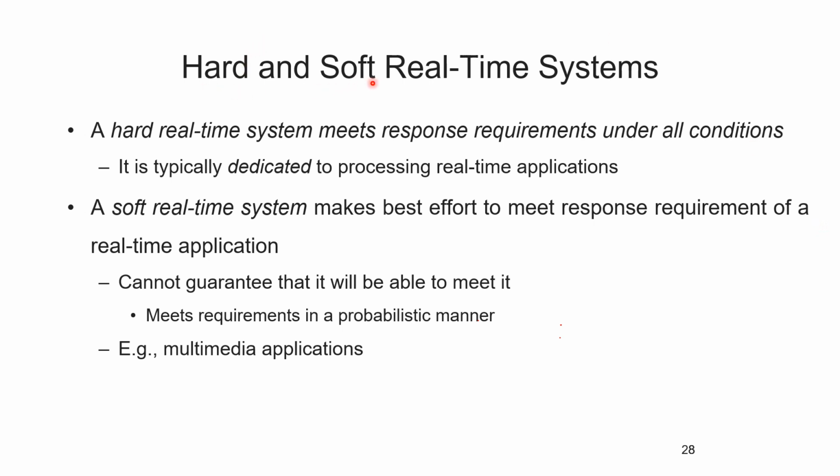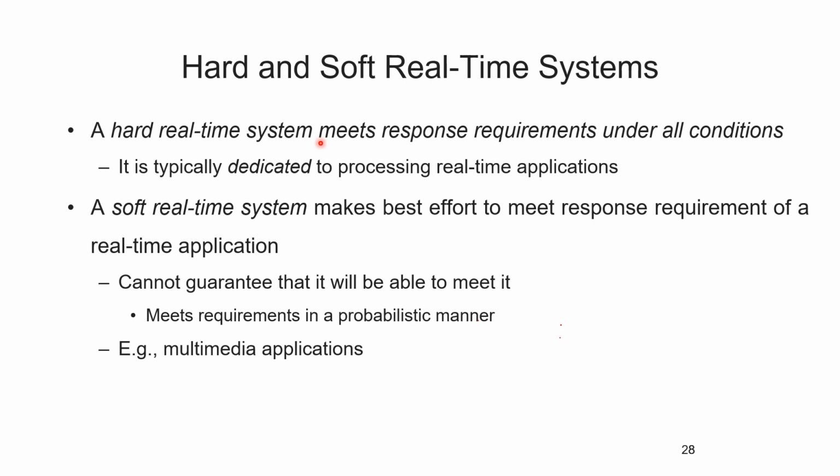One is hard and the second one is soft real-time systems. A hard real-time system meets the response requirements under all conditions. It will not exceed the response requirement time. For all activities, it must meet the response requirement time under all conditions.